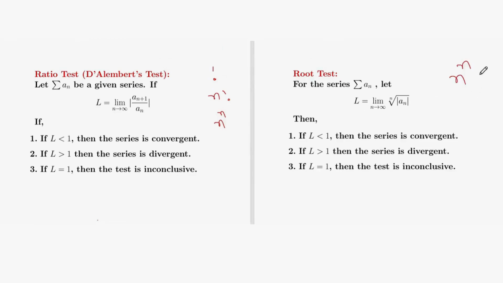If a power of n is given, then you can use either the ratio test or the root test. But if a factorial is given, only the ratio test is applicable. So for factorial, only use the ratio test.